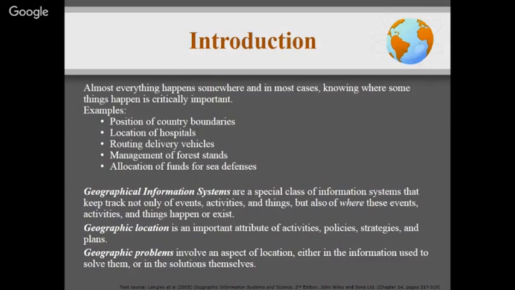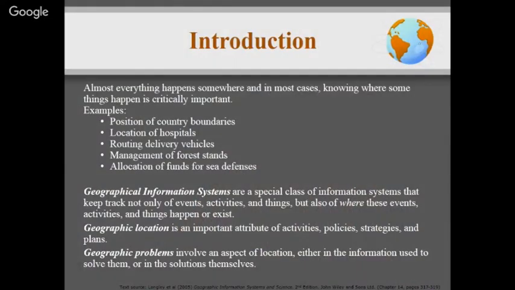Location in geography is very important, and all of you know that no two places on the earth shall ever have the same location. They may have the same altitude, they may have the same climate, but no two locations can have the same coordinates in terms of X or Y or in terms of latitudes and longitudes.